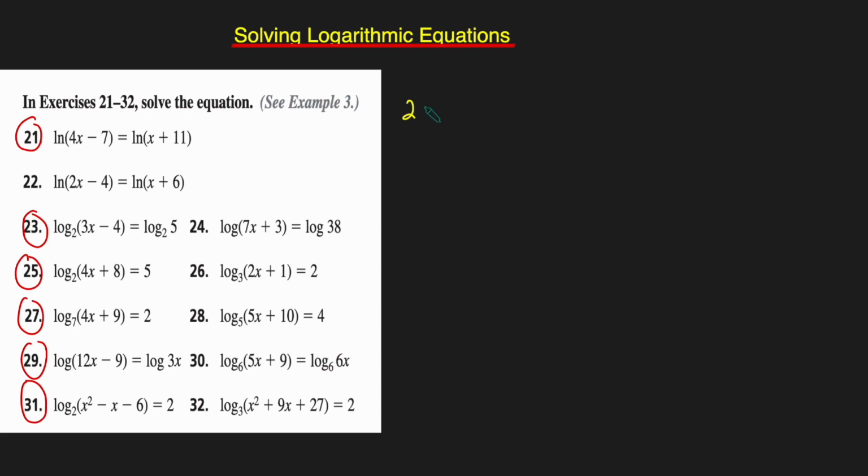Problem number 25. Log base 2 of 4x plus 8 equals 5. Now I don't have a log on the other side. So to get rid of my log and open up this quantity right here, I need to use the inverse property of the log, which is raising it to the same base.